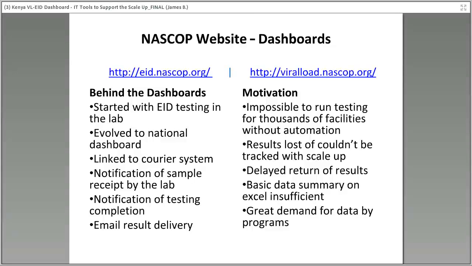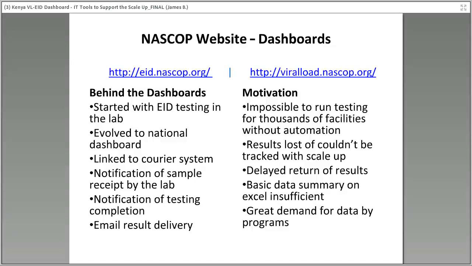From there, we moved to the next level, which is about the testing of results and then emailing of results. Then 3 years ago came viral load. With EID we were doing about 50,000 tests, but then with viral load we were doing tens of thousands of tests in a month.